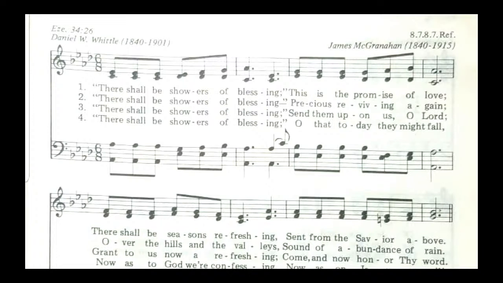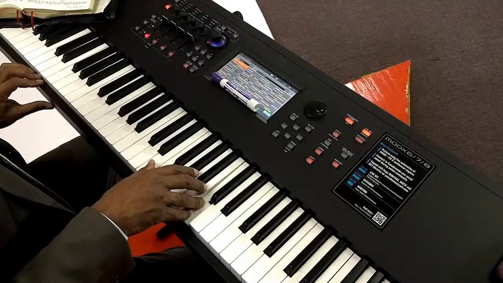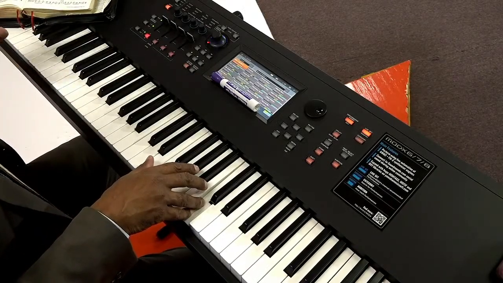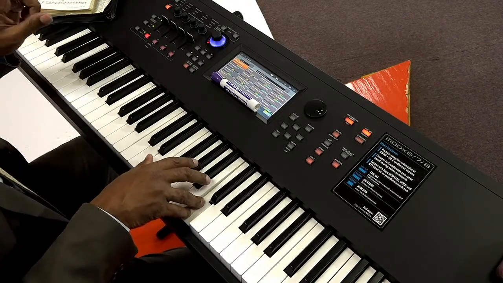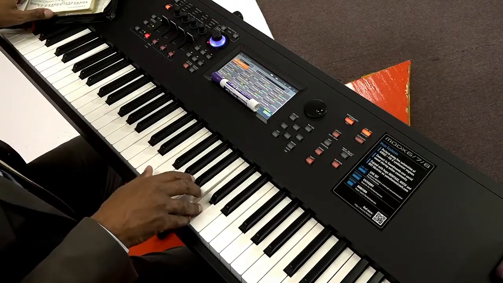Now, that first note is tied to the second note. And that note is held for a long time. Now, it's in 6/8 timing. We won't count it today, but we know we'll hold it for a long time.